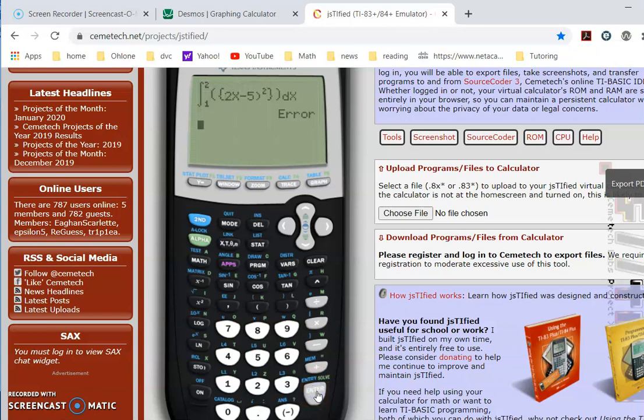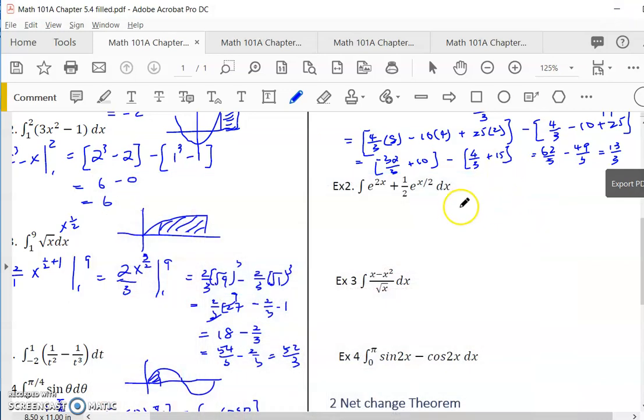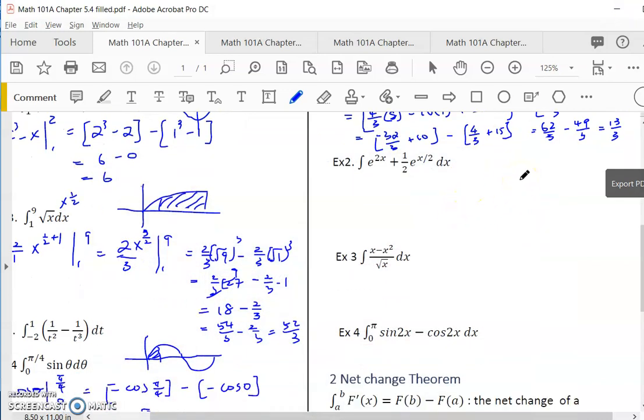Oopsie. What was wrong? One of the parentheses is wrong. I think one of these parentheses they don't like. But anyway, that's how you can do it, if you have a calculator. Okay, so let's continue with this. I'll show you in class.